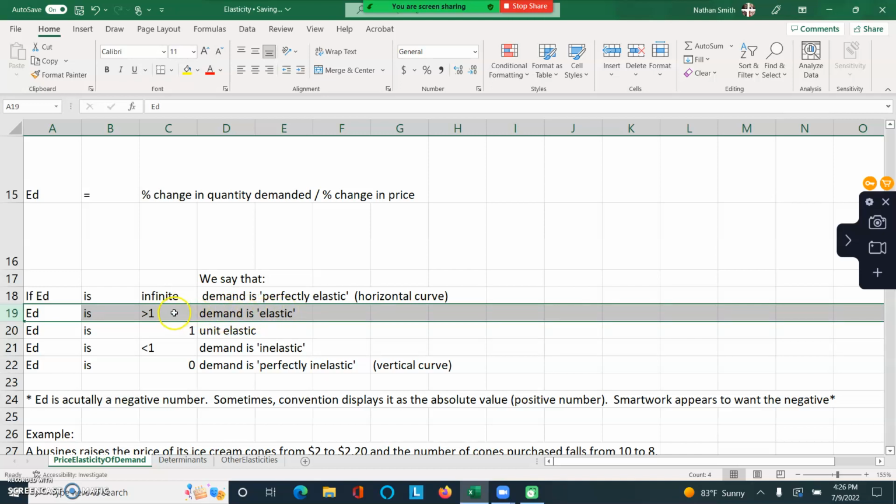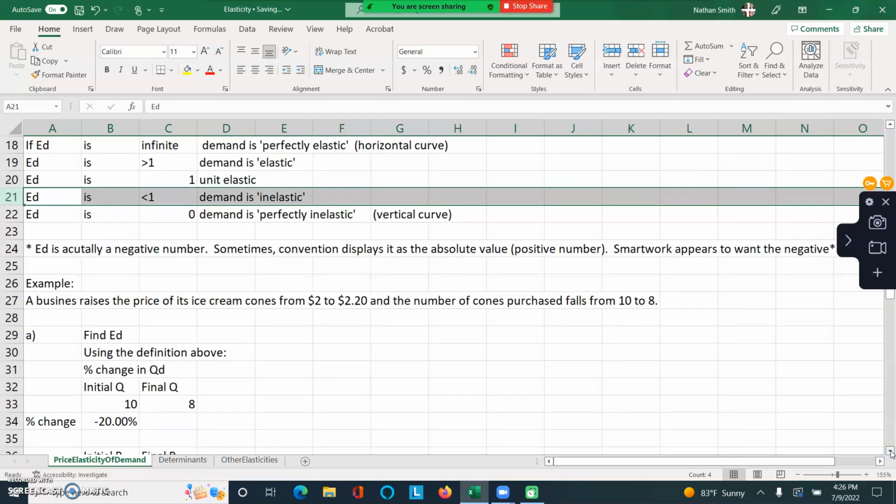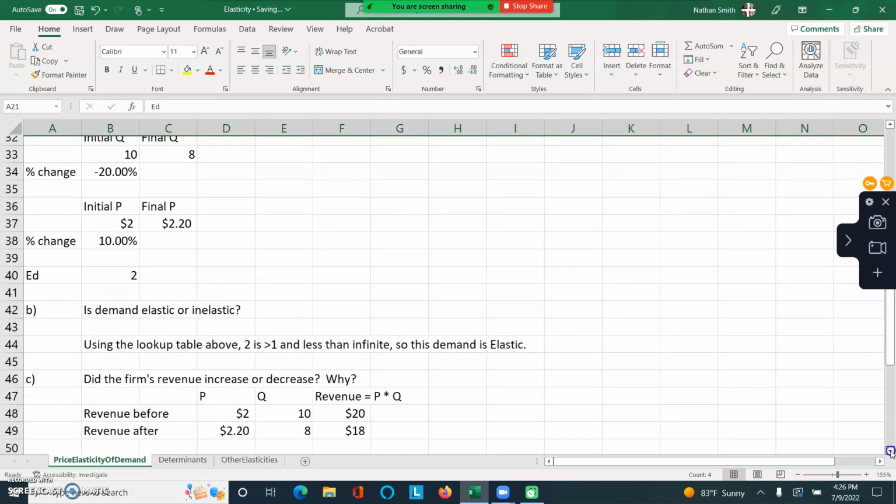That absolute value is greater than 1, so therefore the demand is elastic. If I had come out with a different example and I came out with 0.5, for example, that would be greater than 0 but less than 1, so that would be an example of inelastic. All right, let's take a look at an application first and then we'll practice a bit.